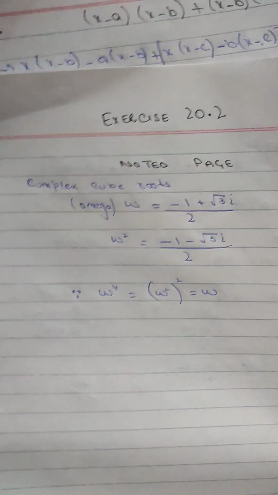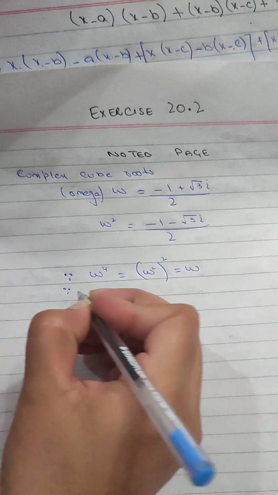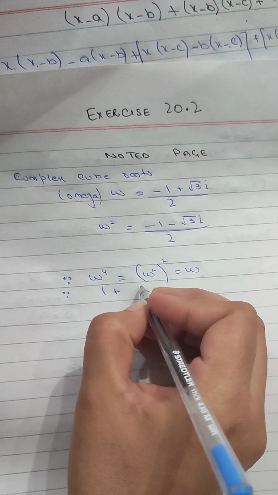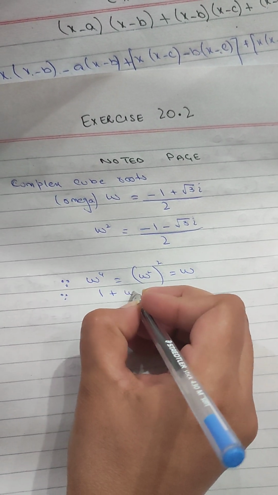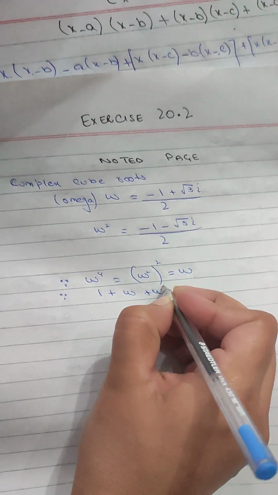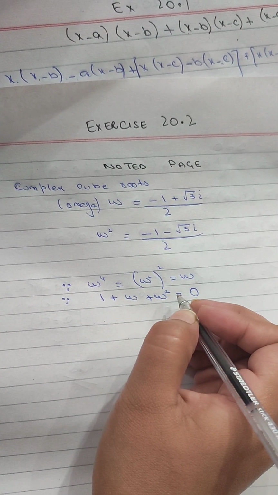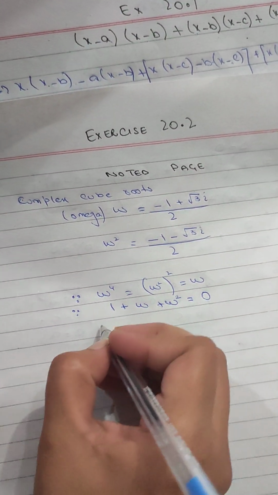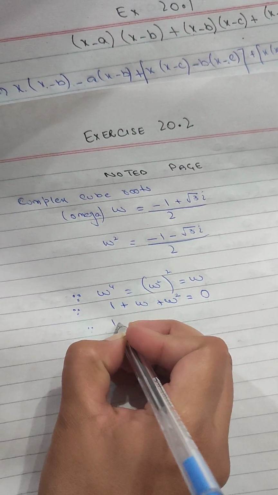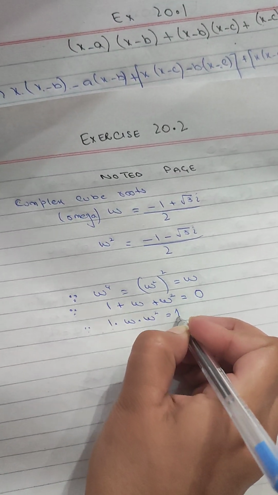This is the first property. The next property is 1 plus omega plus omega square is equal to 0. Another property is 1 into omega square is equal to 1.